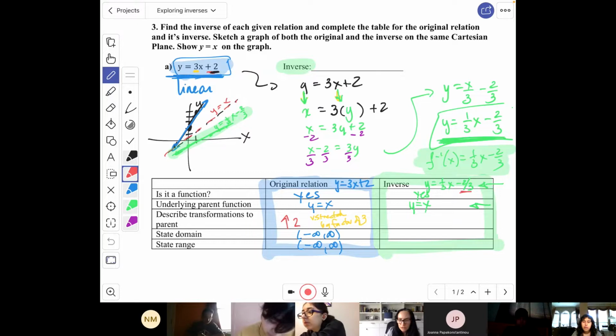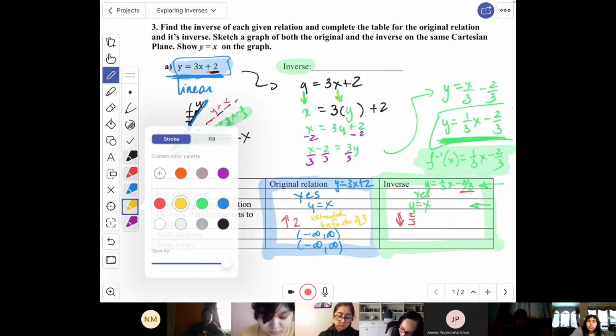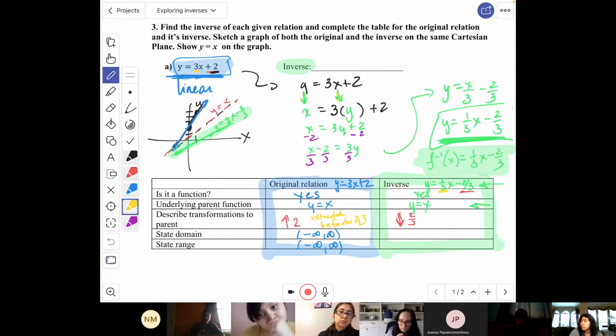Eric, Abiella, Christopher, anybody? It is shifted down by 2/3. Yes, it's shifted down 2/3. And what about this? What does that do? Vertical compression by a factor of 1/3. Yes. Exactly.